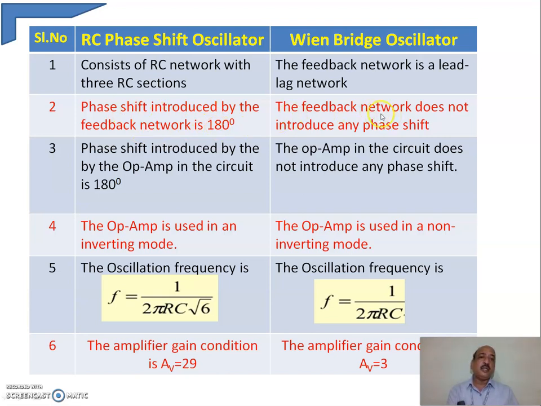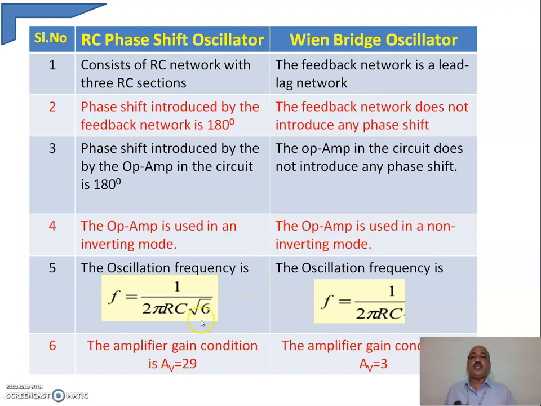The feedback network in the Wien bridge oscillator does not introduce any phase shift. Phase shift introduced by the operational amplifier is 180 degree in the phase shift oscillator, while the operational amplifier circuit does not introduce any phase shift in the Wien bridge oscillator. The operational amplifier is used in inverting mode in the phase shift oscillator and in non-inverting mode in the Wien bridge oscillator.